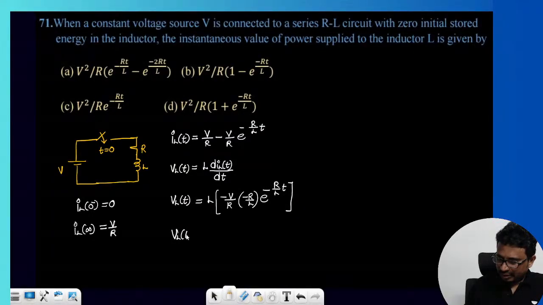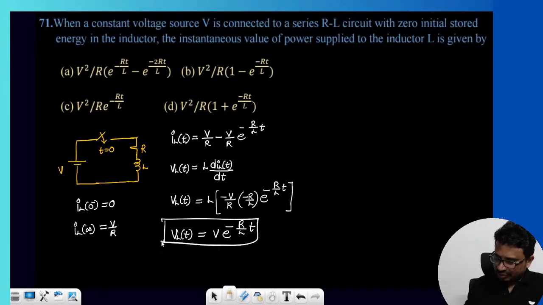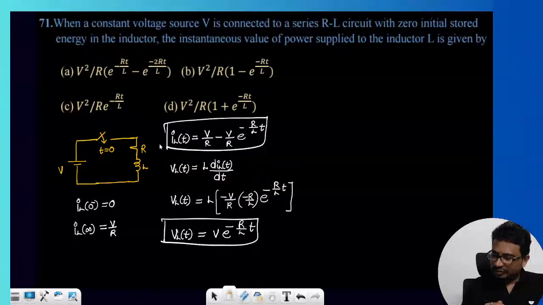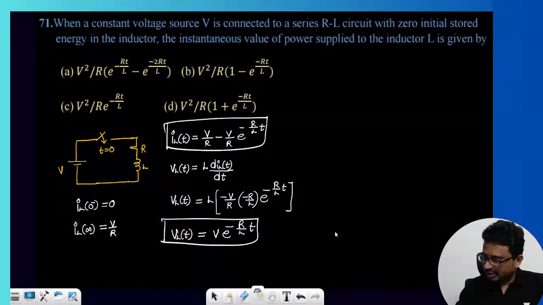So then VL of t will come as V into e power minus R by L into t. This is the voltage and this is the current. They are asking to find the instantaneous power across the inductor.